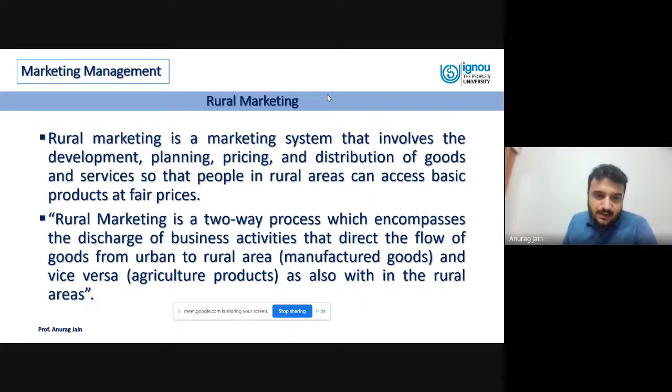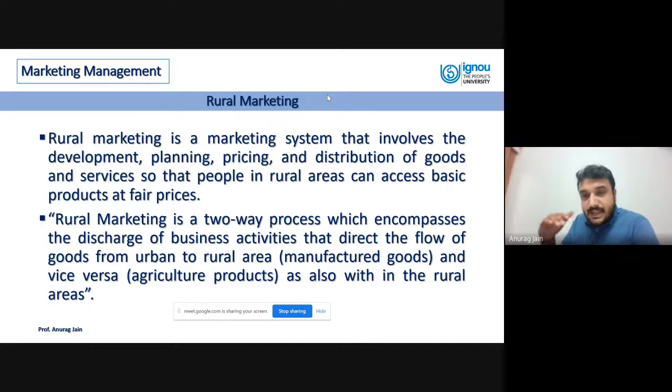Very quickly I'll go through the meaning of rural marketing. Anyway, in the beginning I have talked about it. What is rural marketing? It's a marketing system that involves development, planning, pricing, and distribution of goods and services so that people in rural areas can access basic products at fair prices. So why is there a requirement for a separate marketing domain?